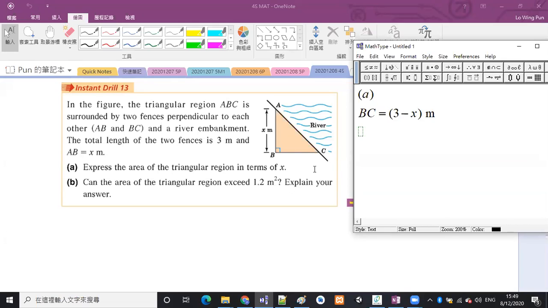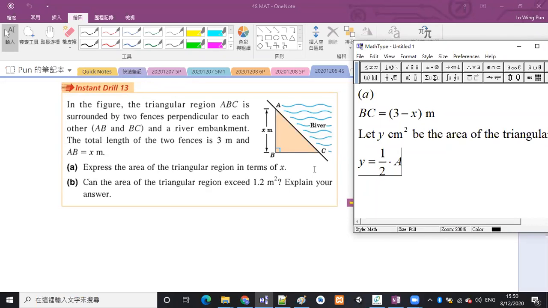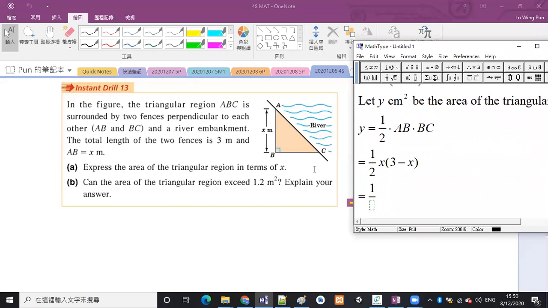Okay, and then we will let y cm square be the area of the triangular region. Okay, 係嘛？And then y will be equal to 1/2 times AB times BC. Okay, so that is equal to 1/2 times x times 3 minus x. And then we just expand all the bracket. Oh, actually, this is the answer for part A.